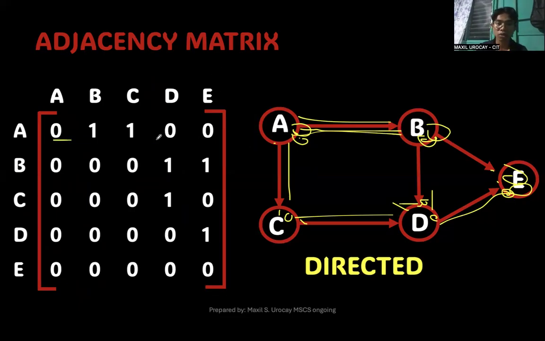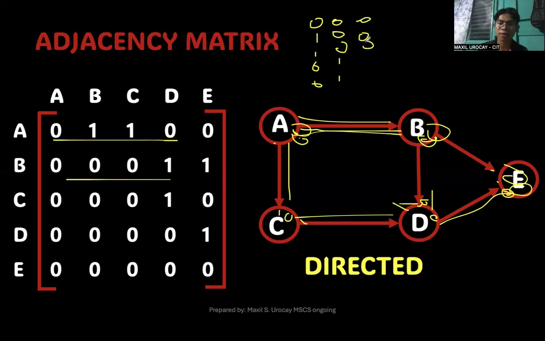So we will try to transpose that. 0, 1, 1, 0. Then 0, 0, 0, 0, 0, 1, 1, and 0, 0, 0, 1, 0. Then 0, 0, 0, 0, and 1.